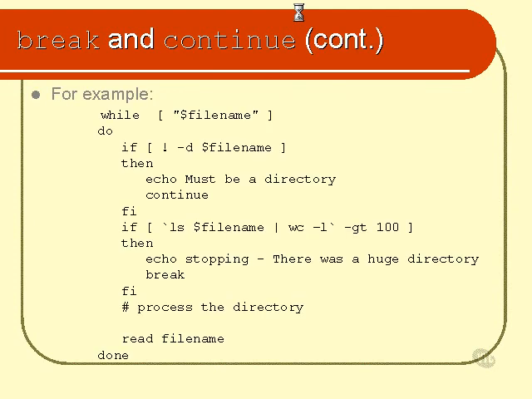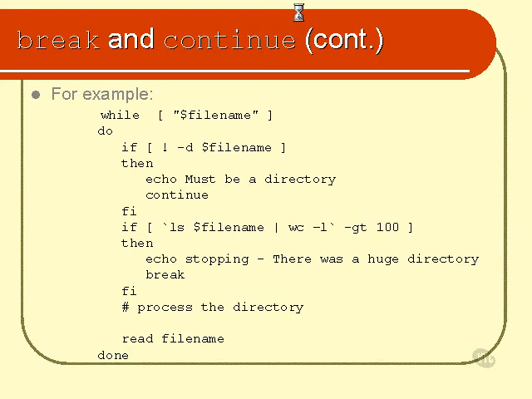This block of code assumes that the user has just typed in some data into a variable called filename, and you can see that the last line of the loop is getting them to read another file name as well. So effectively we'll continue to go around this loop while the user continues to type something in response to the read command. So what does the loop actually do?